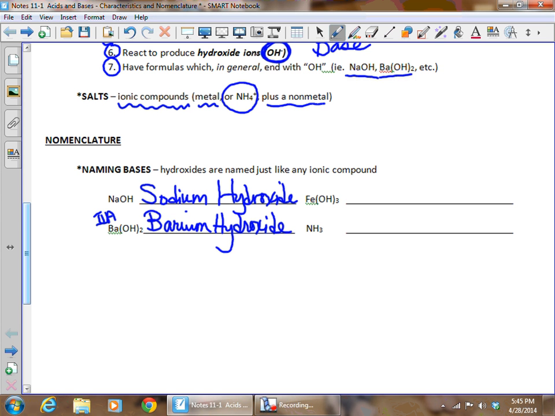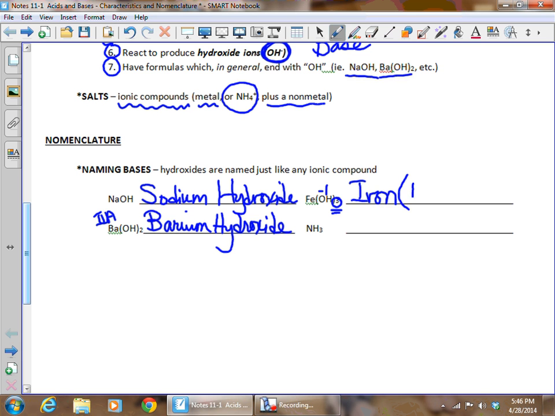So the next one, however, iron, Fe, is a transition element, and transition metals do need Roman numerals unless they're one of the always-the-same ones, and iron is no exception. Now, the beauty part of hydroxides is that since hydroxides are -1 charged polyatomic ions, all we need to look at in order to determine the Roman numeral is this N number right here.